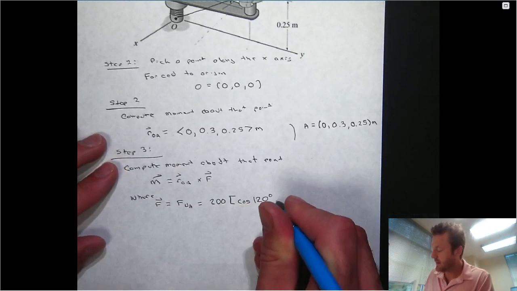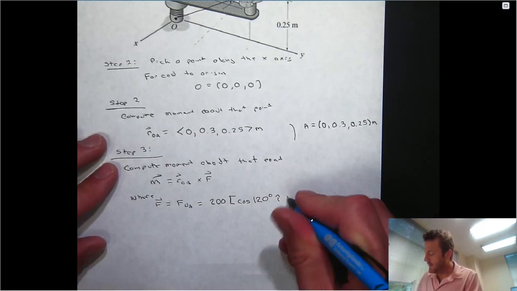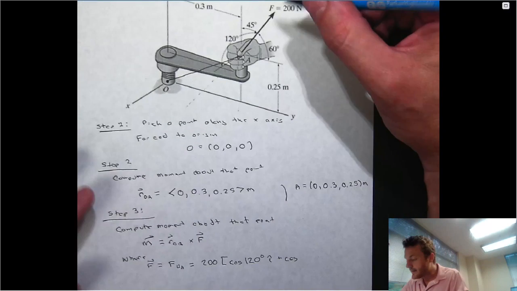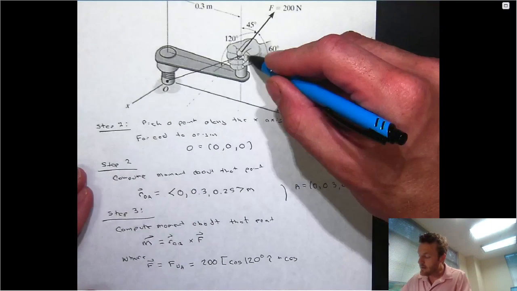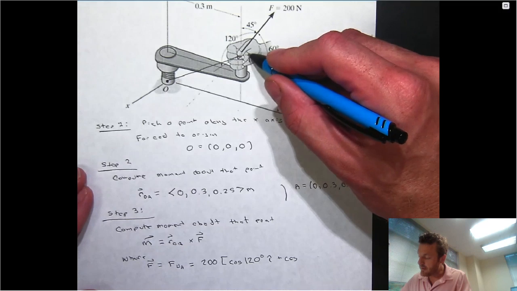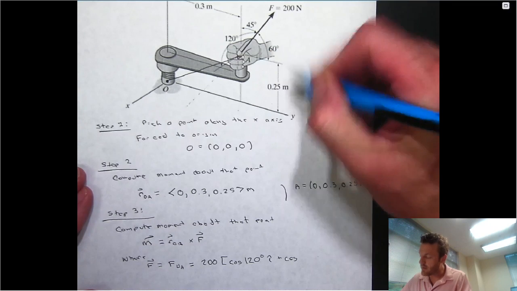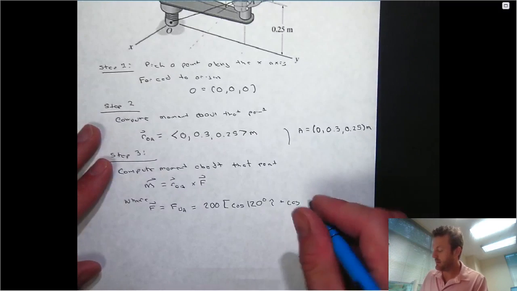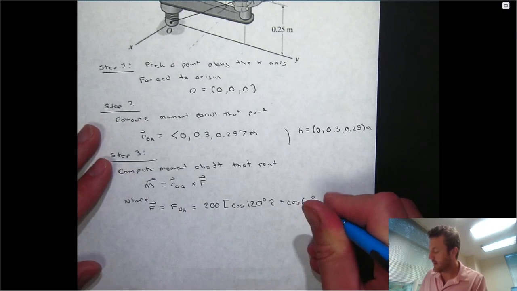So it'd be cos 120 i hat, and then plus cos, what is the coordinate angle for the y-axis? Well, the geometrical information that we're given is that this axis, which is parallel to y, has a 60 degree displacement from that axis. So that would be cos 60 j hat.